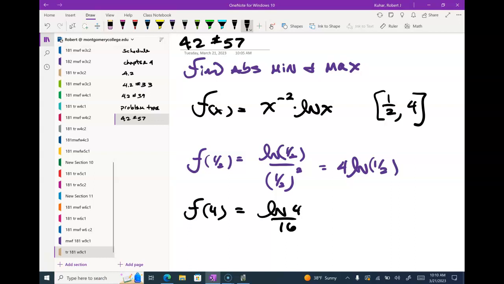Positive, right? When does ln start being positive? After 1, right? Ln of 1 is 0. Ln of anything bigger than 1 is positive. So this is a possible max for me, right? And this is a possible min, yes?